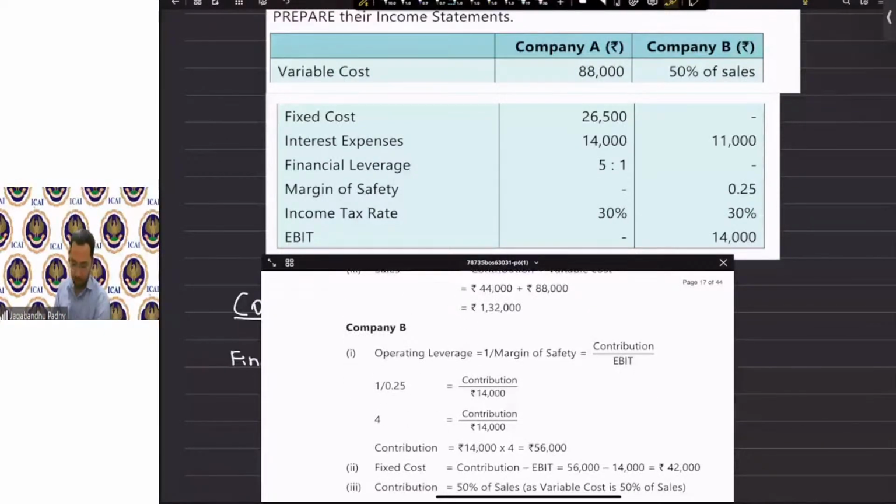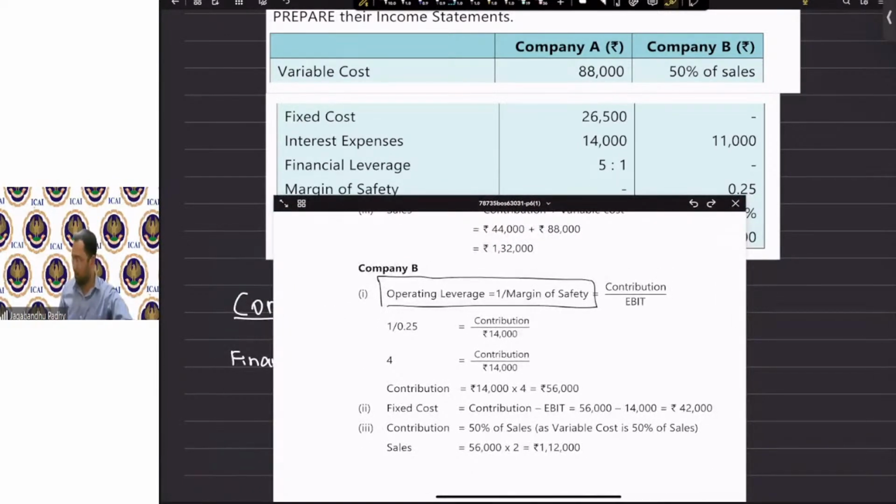Okay. As far as company B is concerned, operating leverage. Remember, for operating leverage, we have another formula of 1 upon margin of safety. You can just take it as a formula. Remember that operating leverage will be 1 upon margin of safety, and that's contribution upon EBIT.